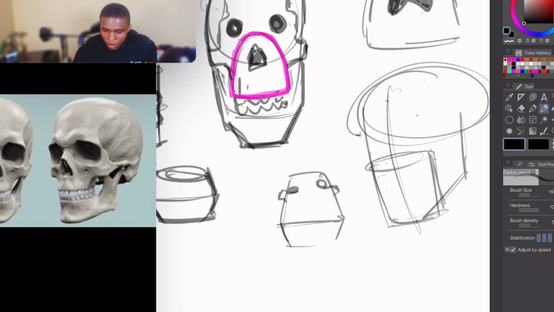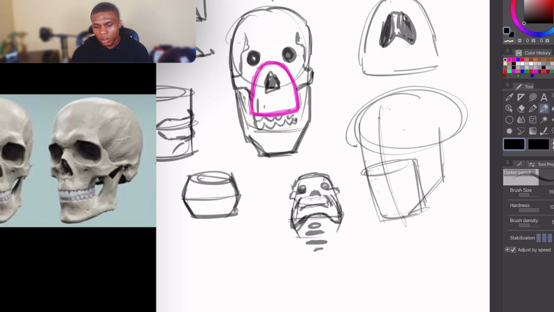It's a bit difficult, and you kind of need these basic shapes like this to help you place the skulls quite easily, so that you can then continue with your work.